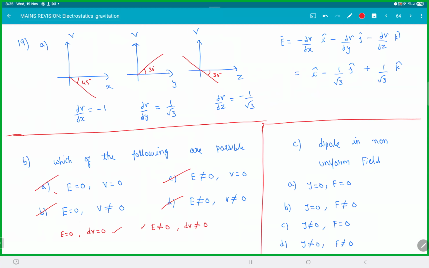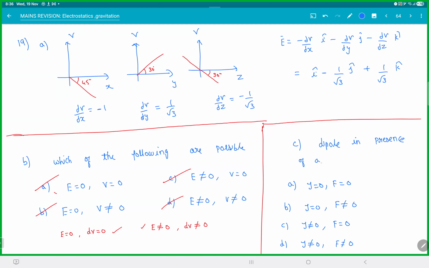What about this thing? Dipole in a uniform electric field, non-uniform electric field. So if you have a dipole in a non-uniform electric field, I think I should write this as dipole in the presence of a point charge. That would be better.